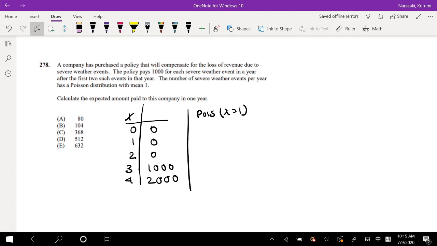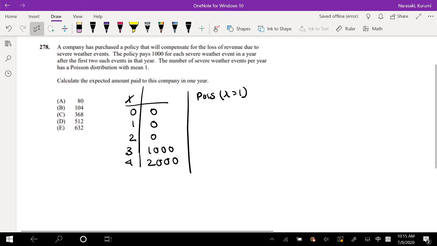Okay, so let me just write this in terms of the Poisson distribution. Again, the Poisson distribution formula, this should be like our best friend by now, equals e to the negative lambda, lambda to the x over x factorial. Alrighty.